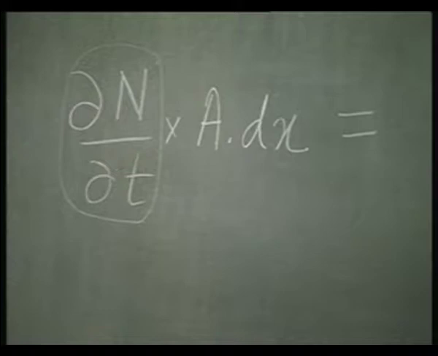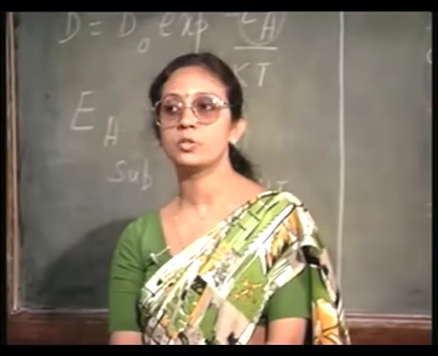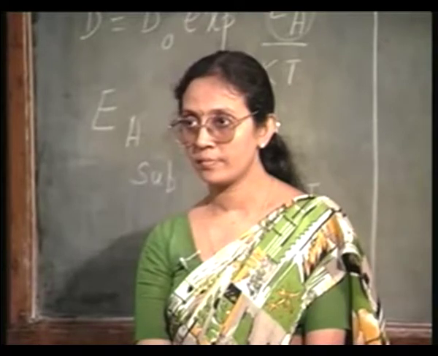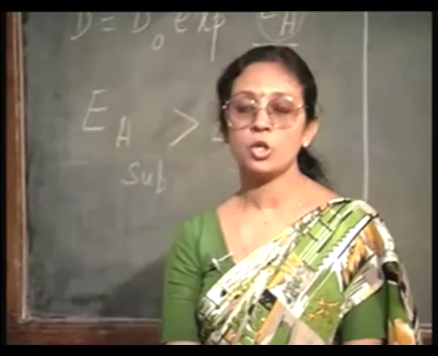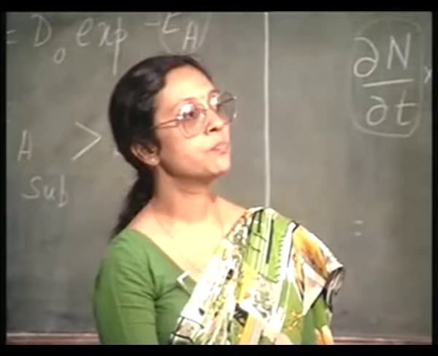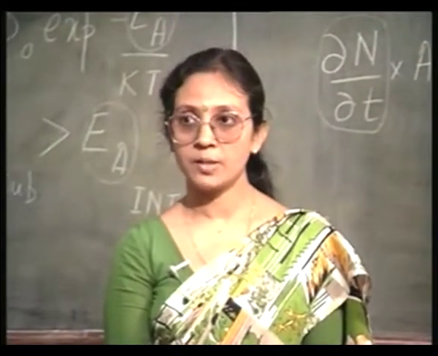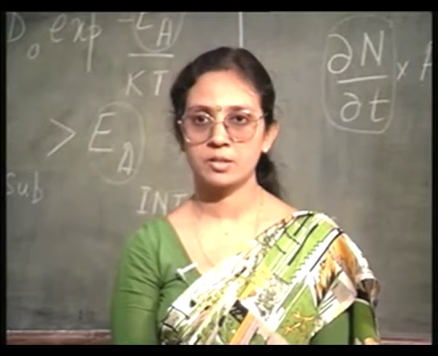Now, this is going to be equal to, I can equate it with the change in the flux density. What is flux? Let me remind you once again. Flux is the rate of transfer of the dopants per unit area. So, at the plane P1 there is going to be a flux, at the plane P2 there is going to be a different flux.